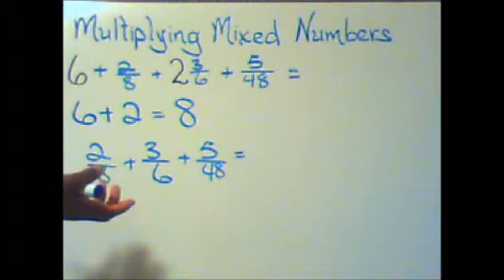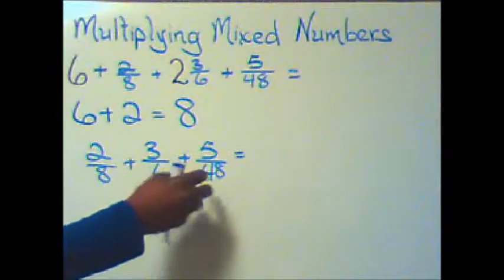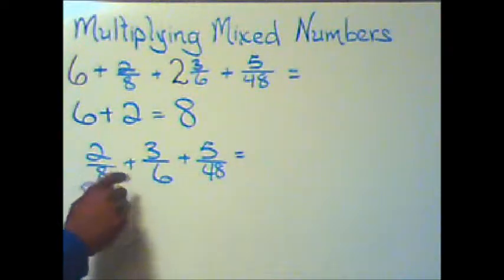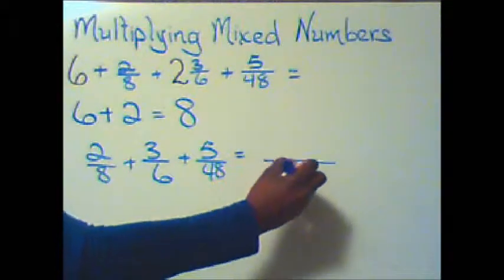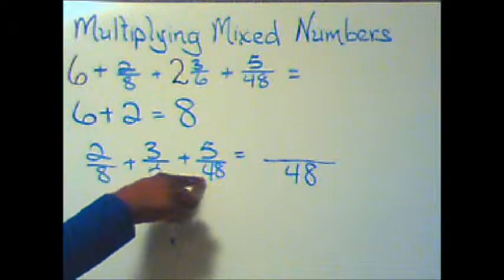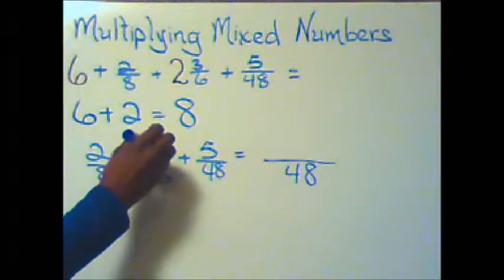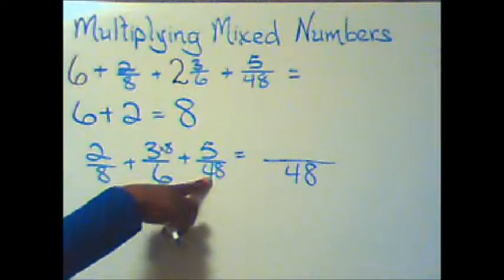And I know that a common denominator for 8, 6, and 48 could be 48 because 48 is a multiple of 8 and 6. So I'll write 48. How many 6's are in 48? 8. So I'm going to multiply 3 by 8. How many 8's are in 48?